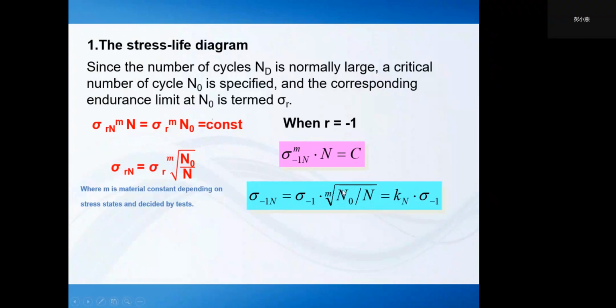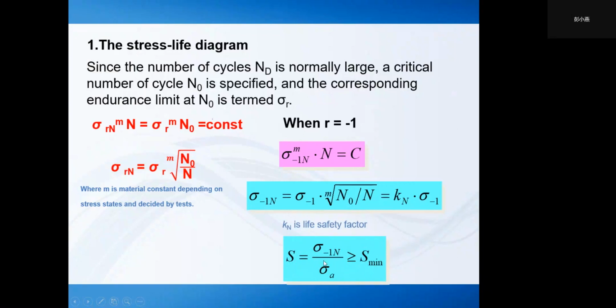And then we use the Kn, the life safety factor, to simplify this, and then the stress criteria for material under cycle stress can be expressed as this. And this is the allowable safety factor.